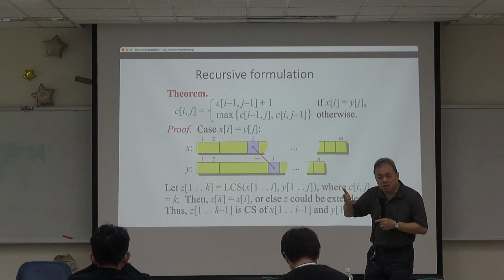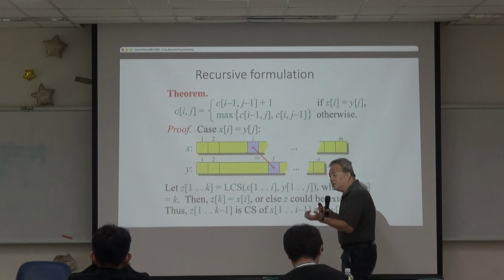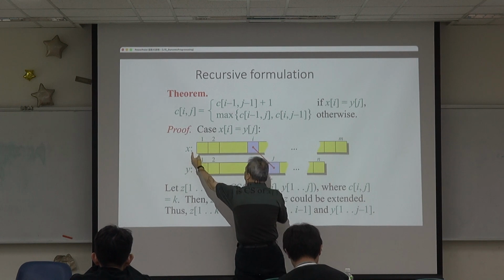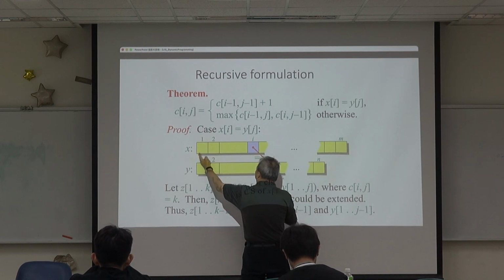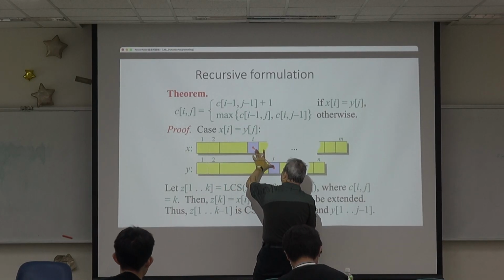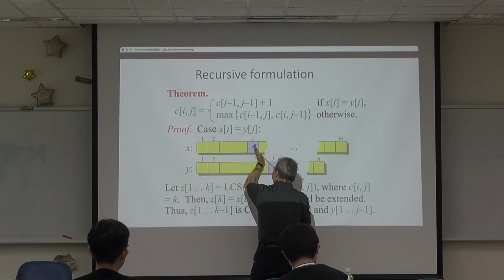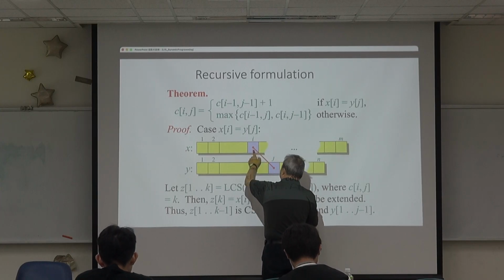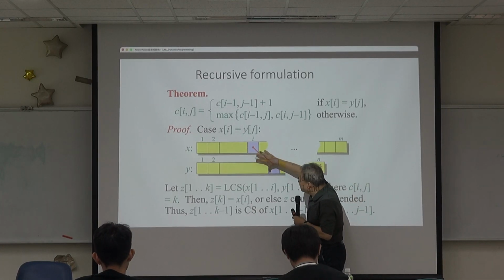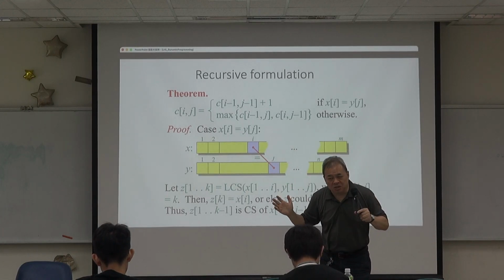这是反证法，就是我们先 claim，we first claim: the prefix of x from 1 to i and the prefix of y from 1 to j, if these two characters match, we say their LCS's last character must come from this matched character. If not, then we could append this matched character to this LCS to make it even longer.